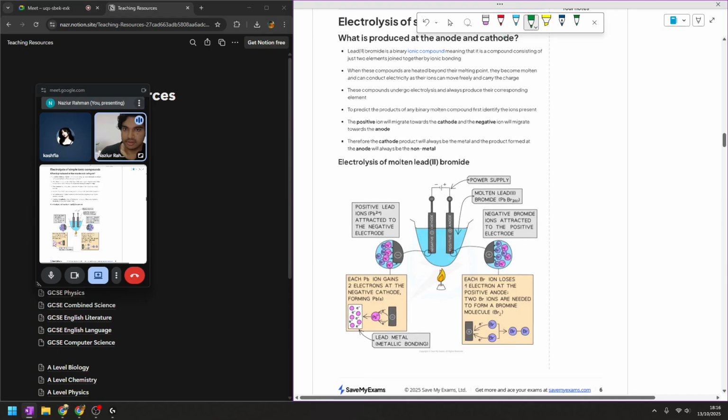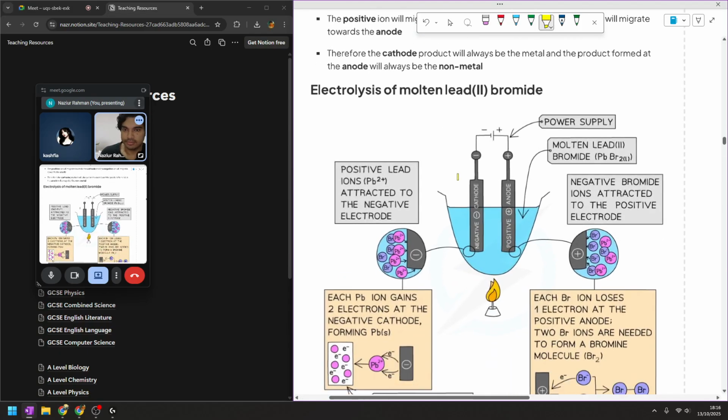Here's an example of molten lead bromide. First thing you do is melt it. Once you melt the lead bromide, you make lead 2+ ions and bromide ions. Then they go to opposite charges. The lead ions go to the cathode, and the bromide ions go to the anode.